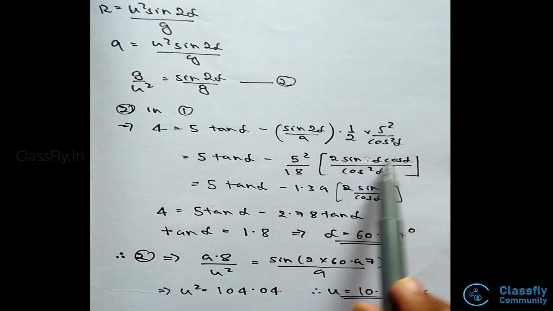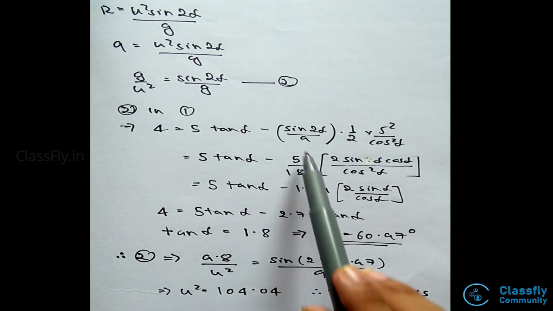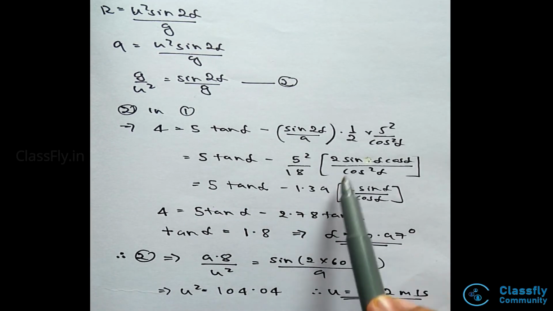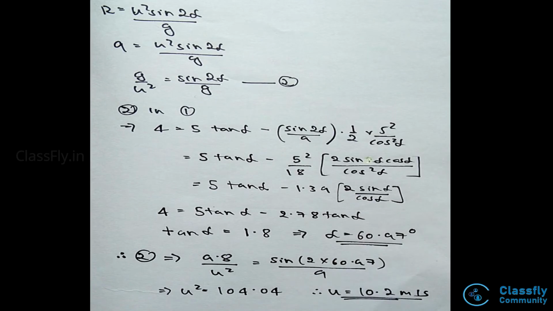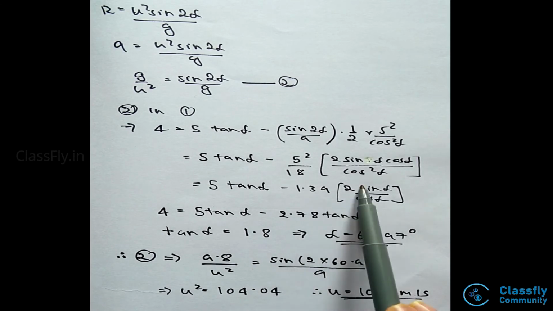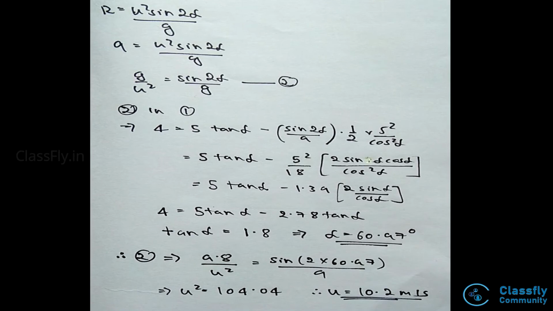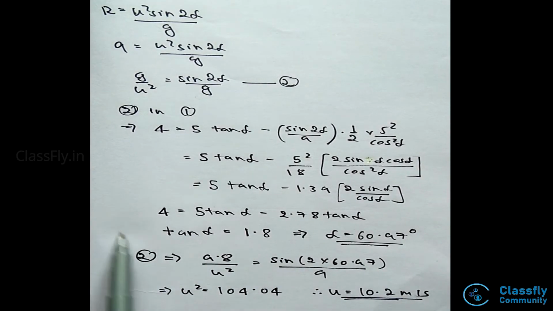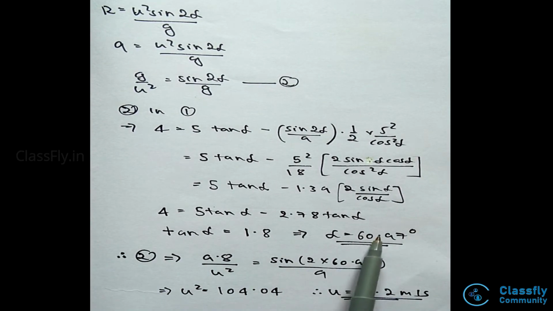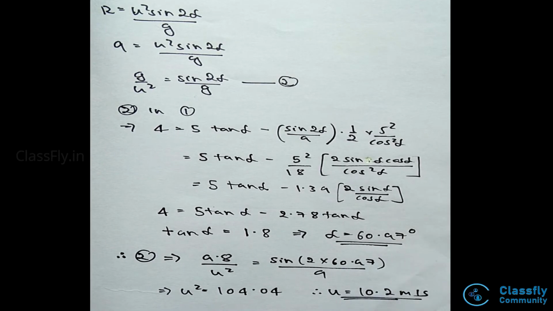Hence, on simplifying, we'll get 5 tan alpha minus 1.39 into 2 sin alpha divided by cos alpha. Hence, this can be written as 4 is equal to 5 tan alpha minus 2.78 sin alpha divided by cos alpha, that is nothing but tan alpha. Hence, from this we get tan alpha to be 1.8, and hence alpha will turn out to be 60.97 degrees.